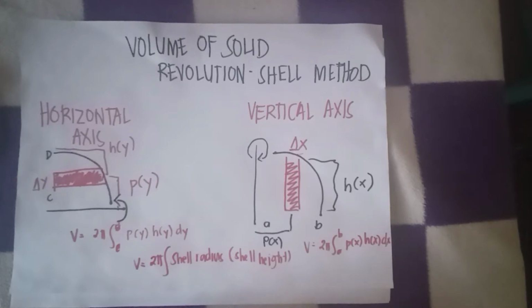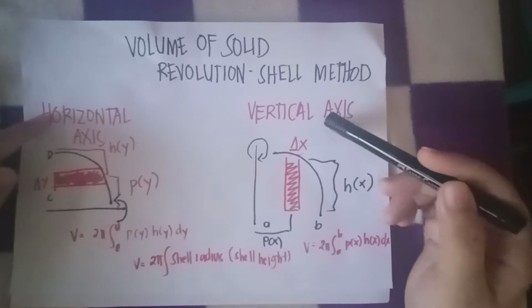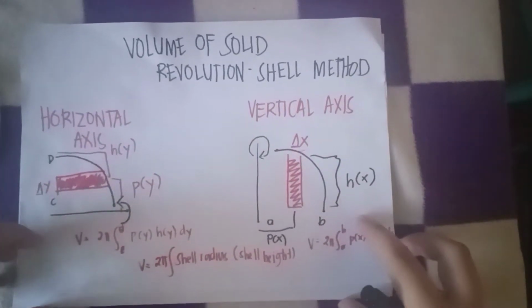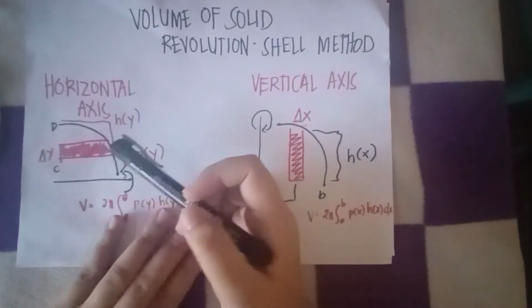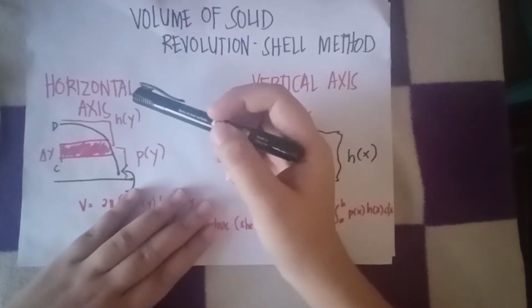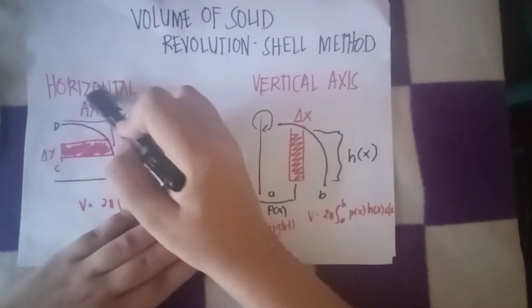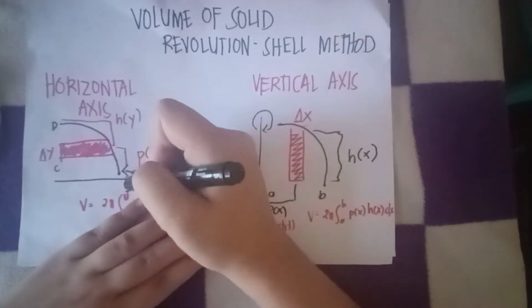Meron po tayong horizontal axis of revolution and meron tayong vertical axis of revolution. Sa horizontal axis of revolution, kung mapapansin niyo po, don't get confused. Kapag sinabing horizontal axis, yung ikot po niya ay about the x-axis.